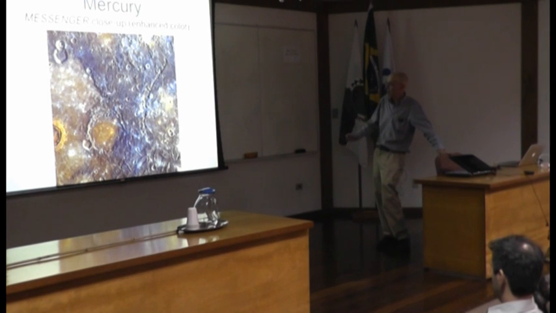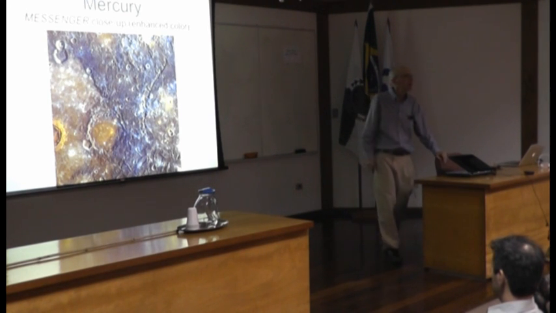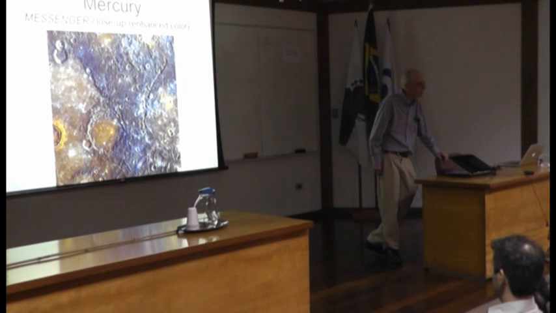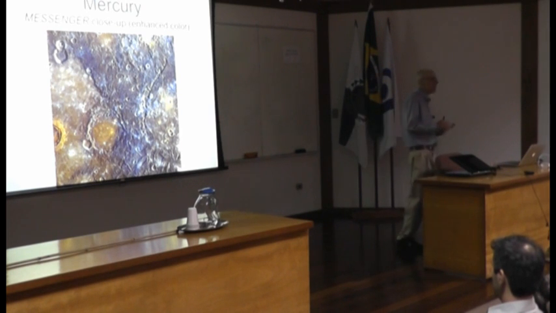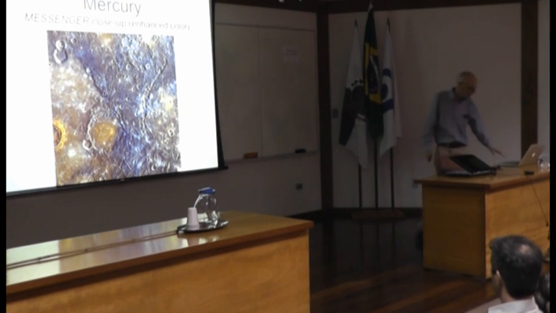It's a close-up. If you looked at it with your eyes, you'd barely discern any color. But this is not artificial color in the sense that it just is an exaggeration of the actual small color differences that exist. And these are based on little differences in composition. This is probably a volcanic feature from a long, long time ago. But the surface, just like the moon, is dominated by craters.